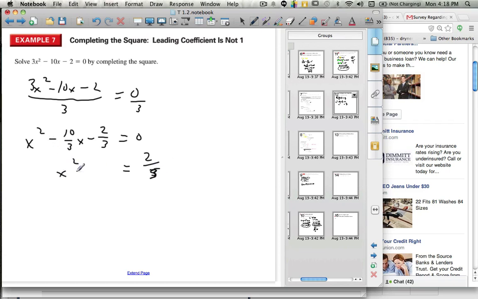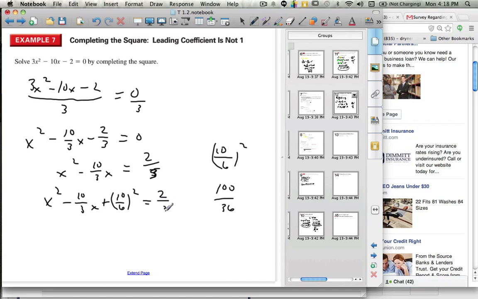And I'll have x squared minus 10 thirds x. So I'm going to take 10 thirds x, I'm going to divide it by 2, which makes 10 sixths x, and I'm going to square it. That's 1/36ths. Okay, so I'm going to have x squared minus 10 thirds x plus 10 sixths squared.